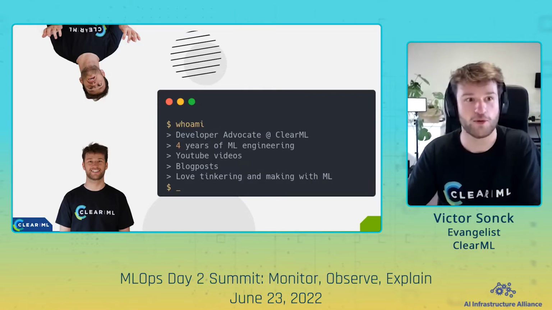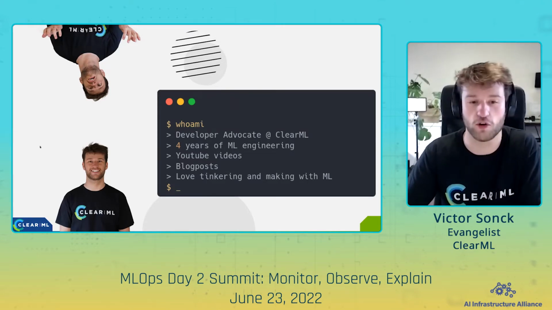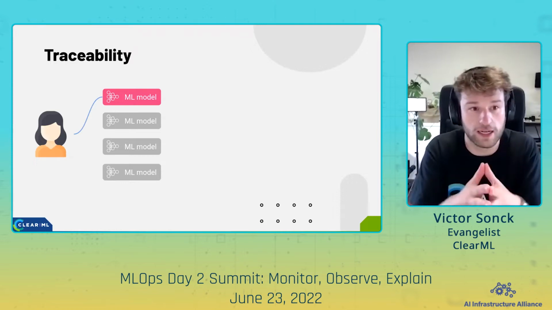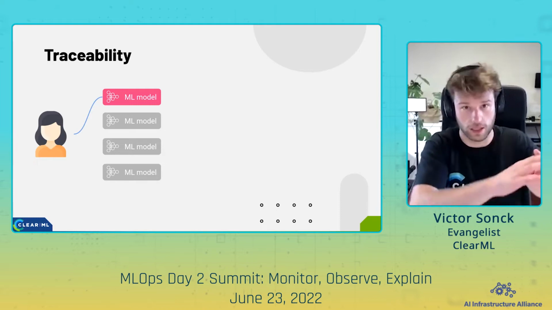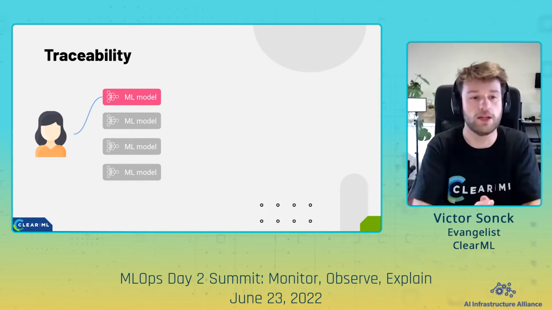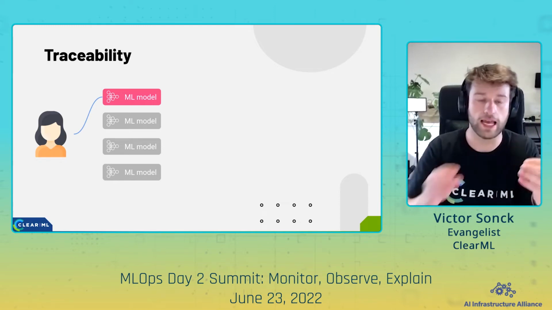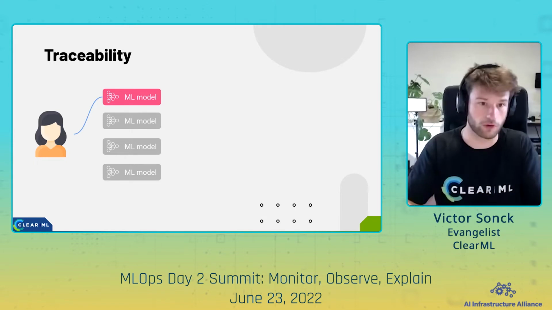But for now, we're going into model observability, but the bigger picture of that. When I'm talking about model observability, what I actually want to go to is traceability, like complete traceability. What I mean with that is that if you have an end user, for example here, you serve a machine learning model to them, one of many in your model repository.